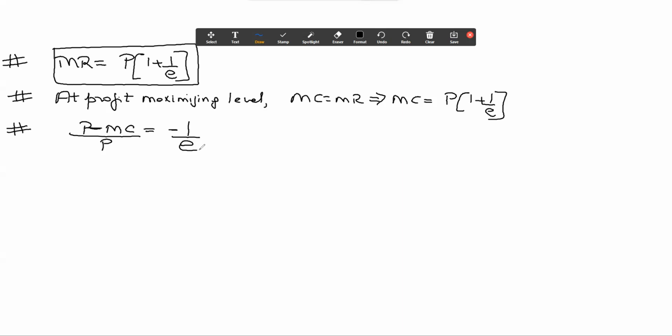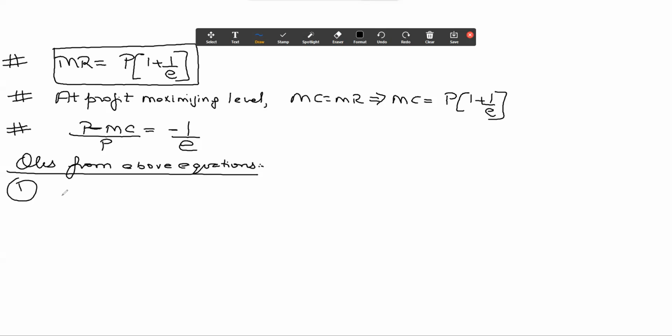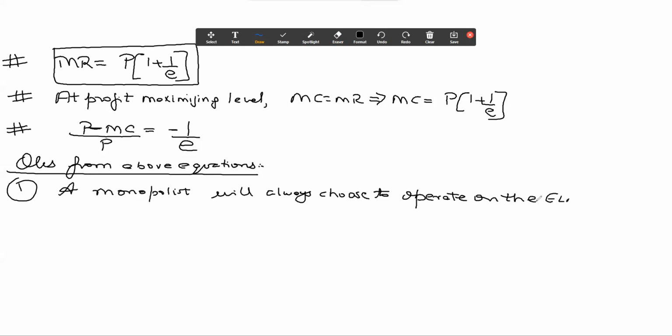So what are the observations we learn from the above equations? The first observation is a monopolist will always choose to operate on the elastic portion of the demand curve.